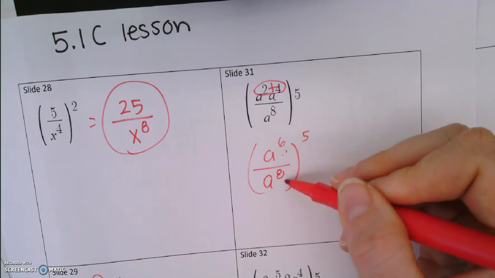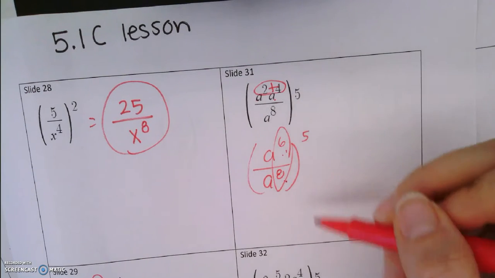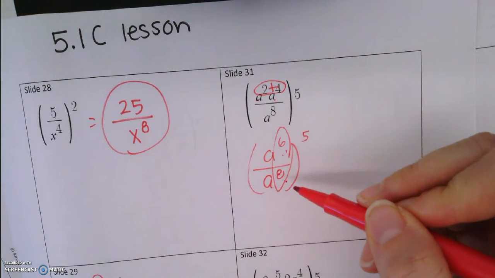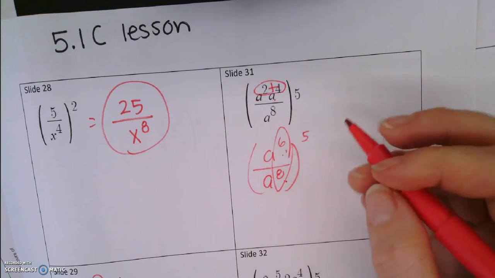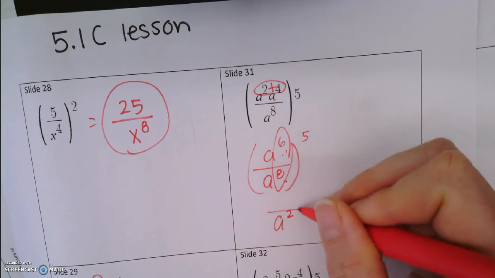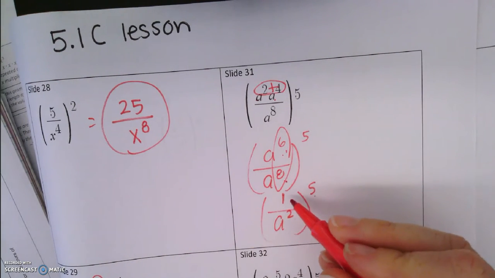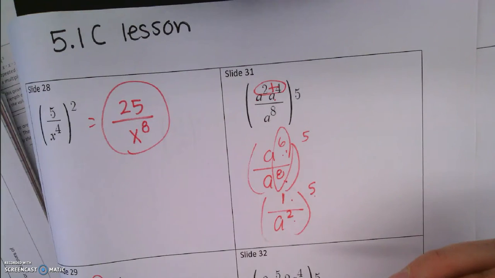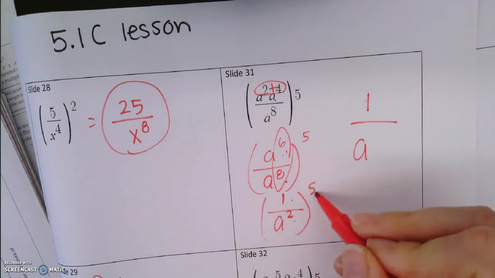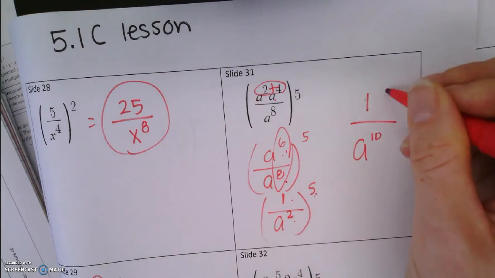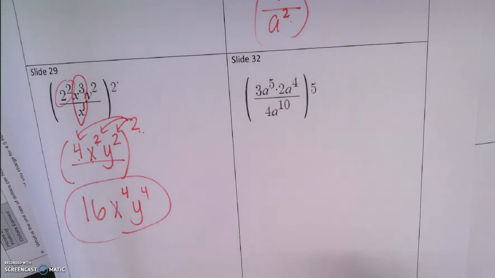Now I have a quotient of powers I'm going to be dealing with, so I'm going to think about where are my leftovers going to be, my factors that are left over after they cancel out. 6 factors of a will cancel out, and I'll be left with 2 factors of a in my denominator. When I apply the 5th power to my numerator and denominator using quotient of powers, I have 1 over a, power to a power, multiply to the 10th. Awesome. Slide 32, taking a look here.